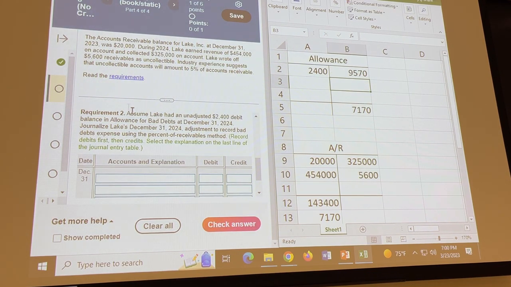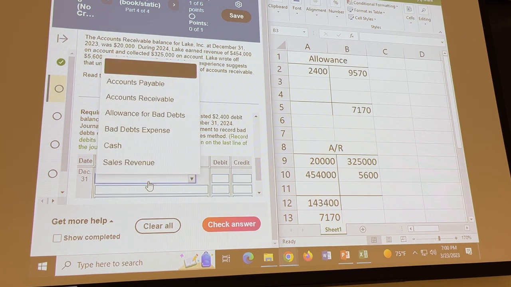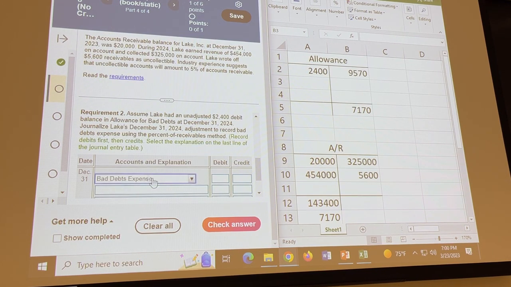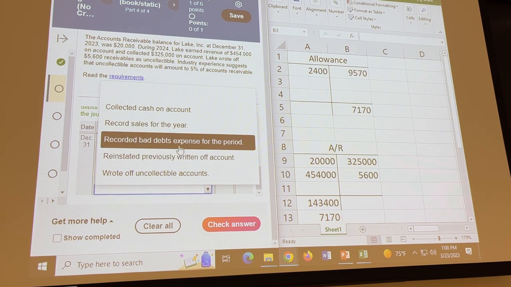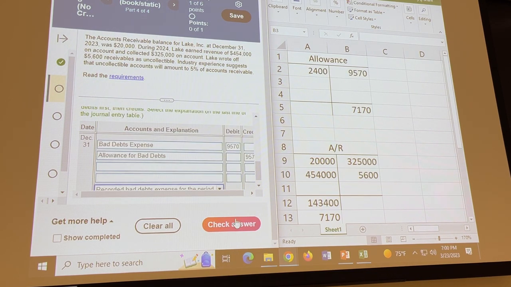So we would have to make a credit entry to the allowance account of 9,570. So in our journal entry, we will debit bad debts expense, 9,570. We will credit allowance for bad debts, 9,570. And at the bottom, we'll put recorded bad debts expense for the period.